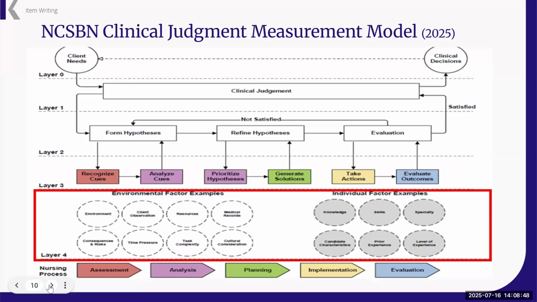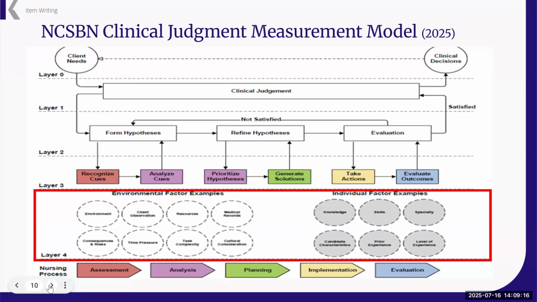Level 4 helps us understand that clinical judgment doesn't happen in a vacuum. Every decision a nurse makes is influenced by both the environment they're working in and their own individual attributes. You'll notice on this model that the influences are divided into those 2 categories. The white bubbles represent the external influences, the conditions of the setting where care is delivered.